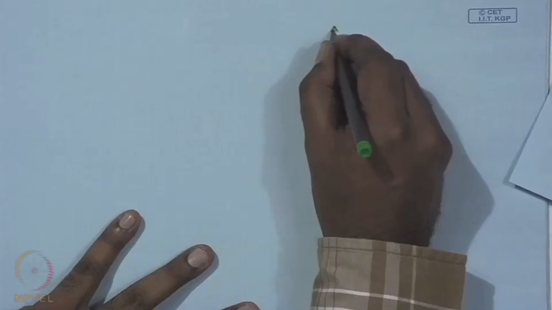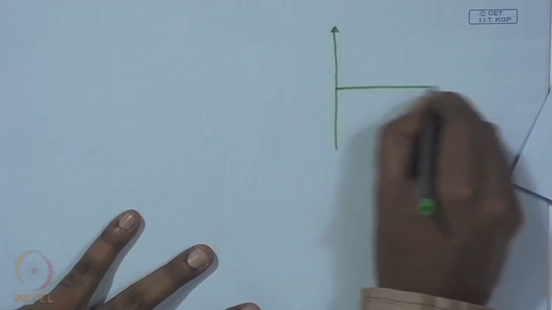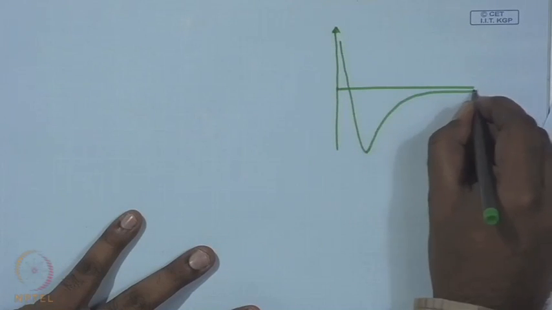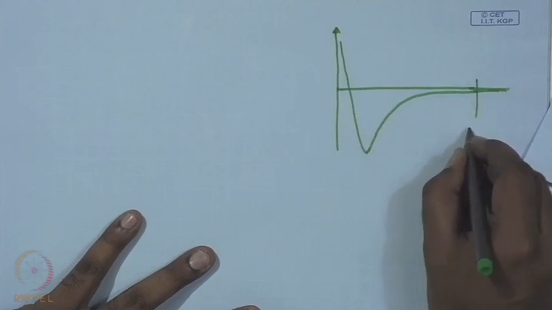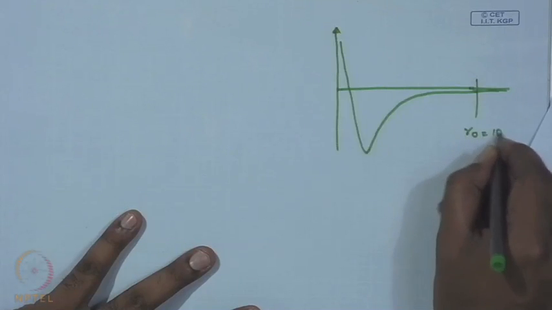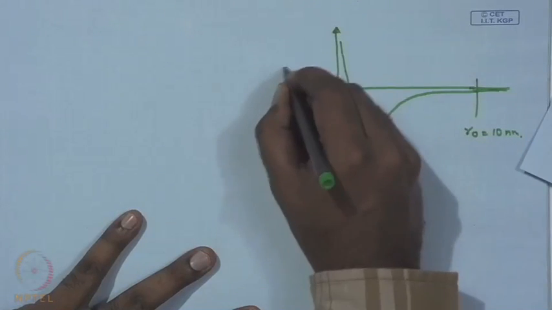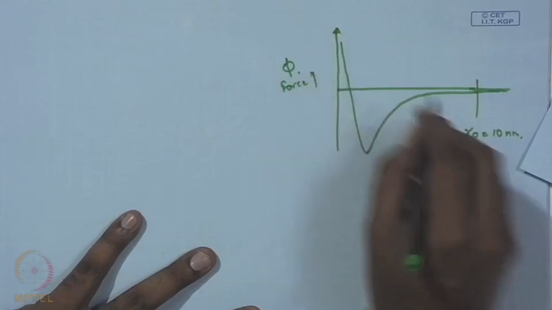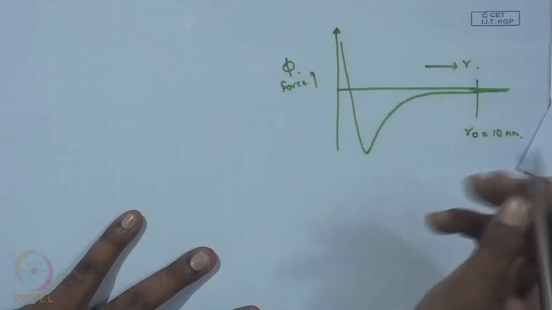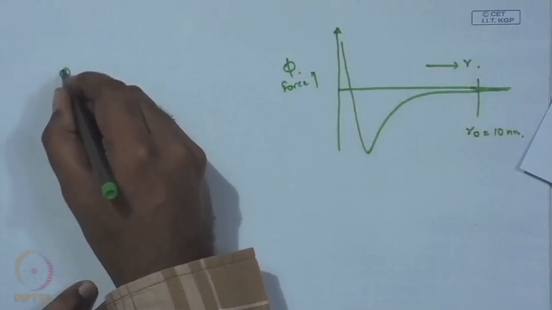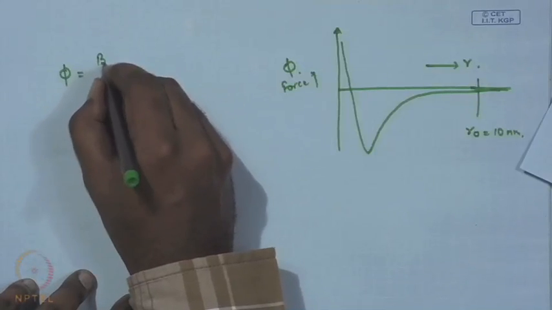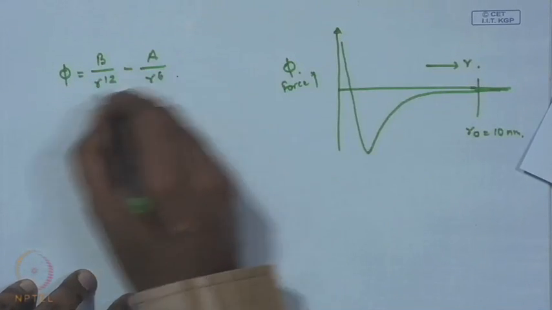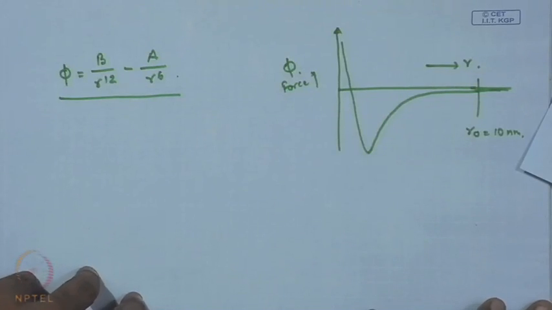I will probably rewrite it. So, here is the potential curve. Let us say this is the limit, 10 nanometer or whatever. This is phi, the potential, and this is r, the separation distance. If you have a potential like this, there can be three situations.